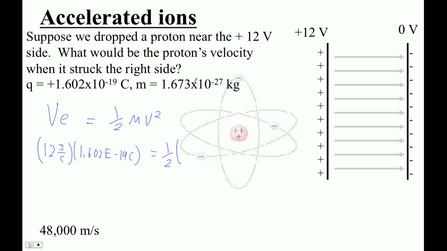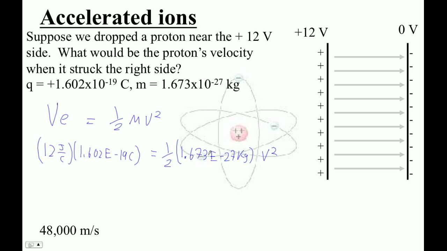And then a proton doesn't have much mass compared to a baseball, but it's actually pretty massive. 1.673 E minus 27 kilograms times v squared, right? So my velocity will be this 2 times this divided by this. It'll be the square root of that, right?